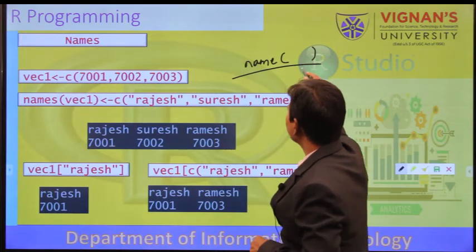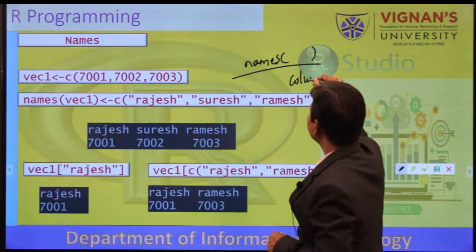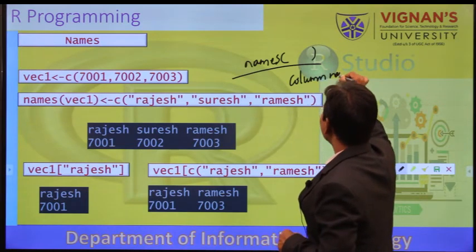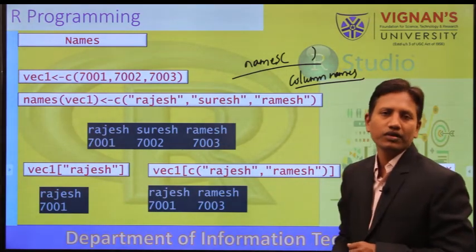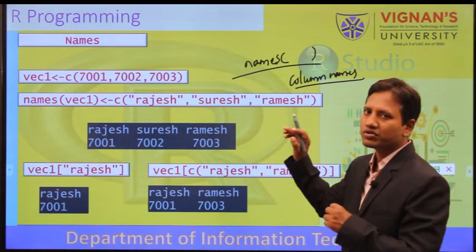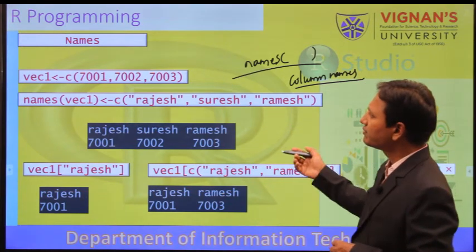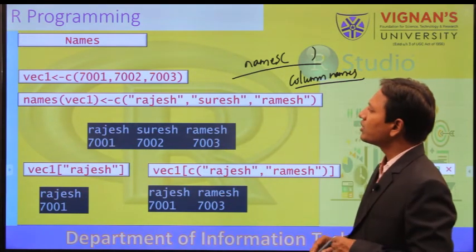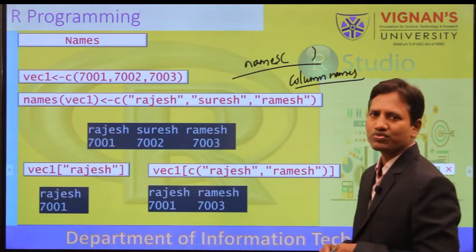What this does is give us the column names of the data frame. We can see what column names we have for a data frame. In the same way, here we can use these names. Let's see how we are going to use this.